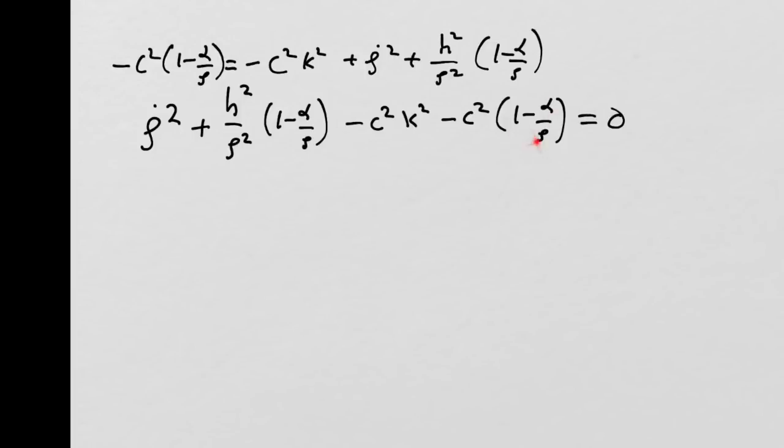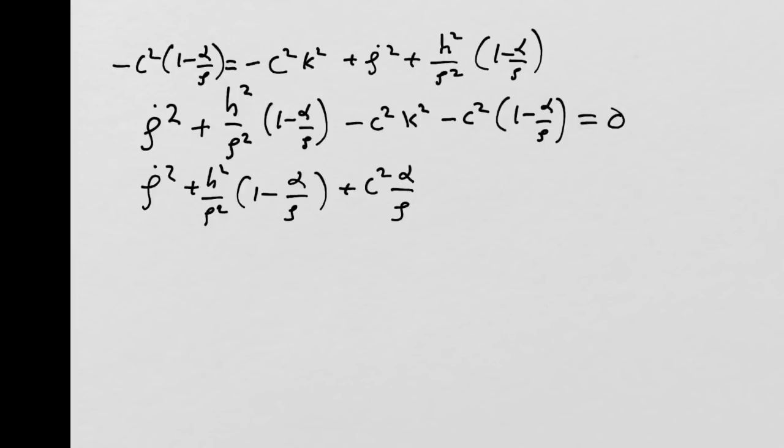But we don't want to have our function mixed in with all these constants. We want to have first derivatives, no derivatives, and then constants. That's how differential equations look best. So we will write rho dot squared plus h squared over rho squared times 1 minus alpha over rho, and then plus c squared alpha over rho, and then minus c squared kappa squared minus c squared equals 0.